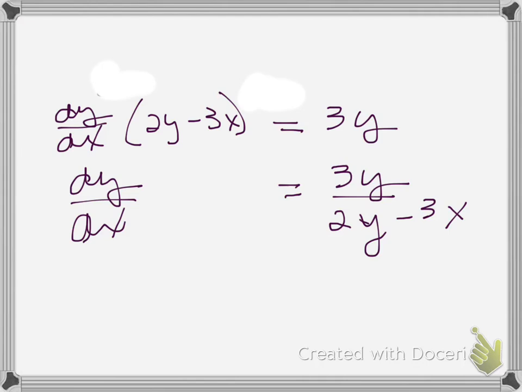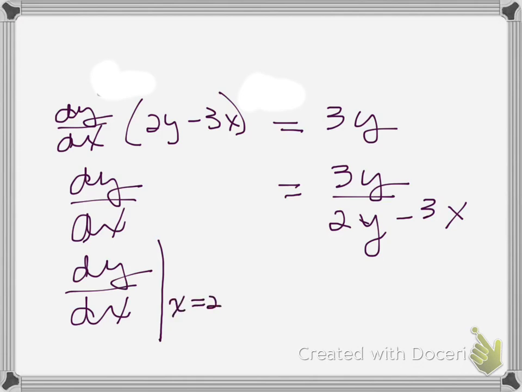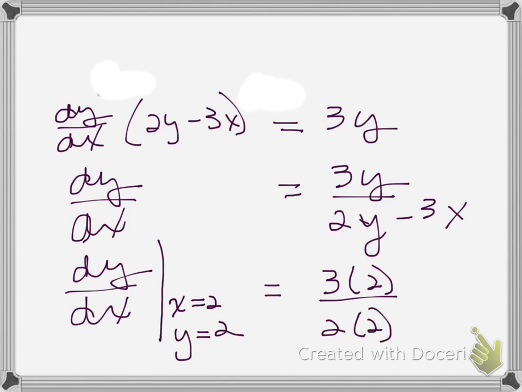Now, look what they've asked me to do. They would like me to evaluate this, and I'm going to do this by using the vertical line at x equals 2 and y equals 2. Okay, that notation's important. So you're going to plug in 3 times 2, 2 times 2, minus 3 times 2.